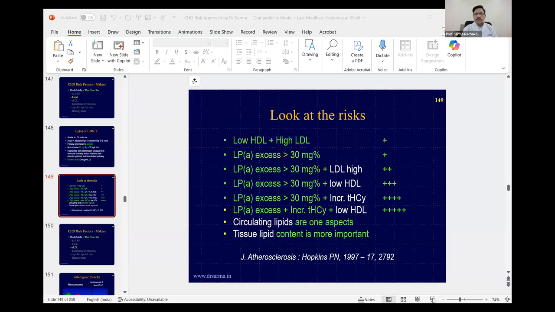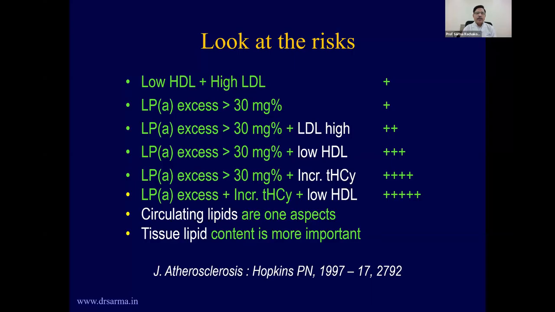Now, let us look at the various risk factors we have seen. LPA and LDL. High LDL, low HDL, that's the standard. HDL is low, LDL is high, 1 plus. LPA more than 30, that's also 1 plus. LPA more than 30, high LDL, 2 plus.